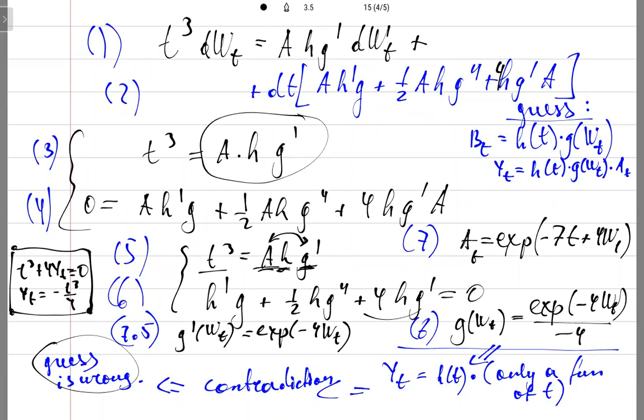Yes, you are right. Because maybe it has dwt multiplied by 0, and so it seems that yt is random, but yt is non-random. Yes, it may be.